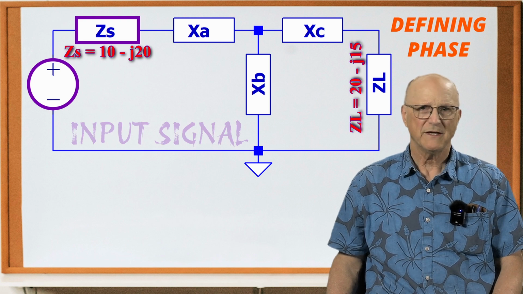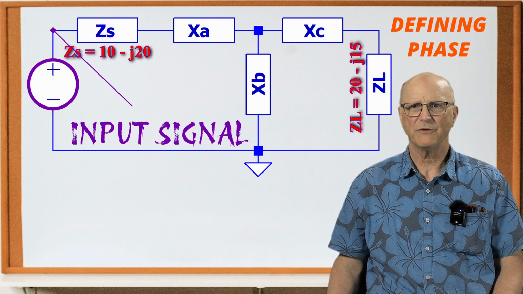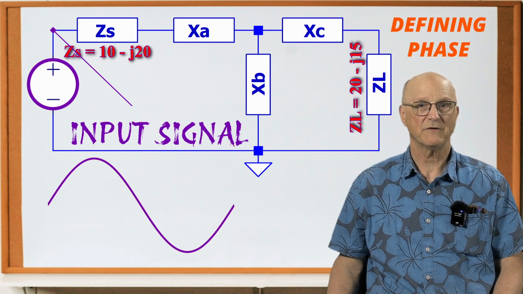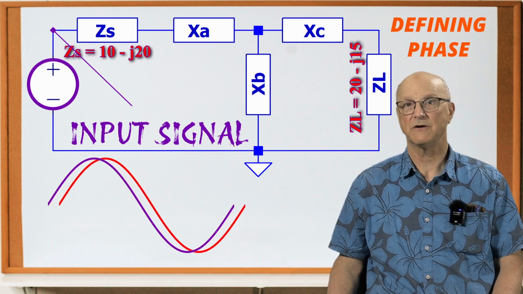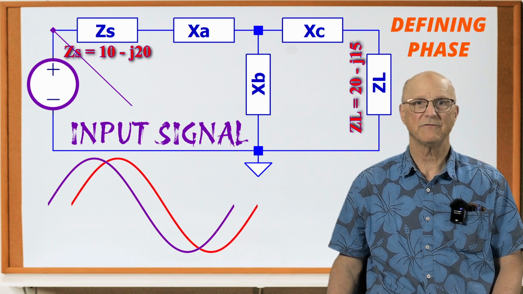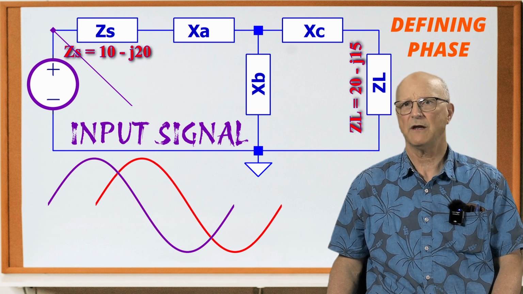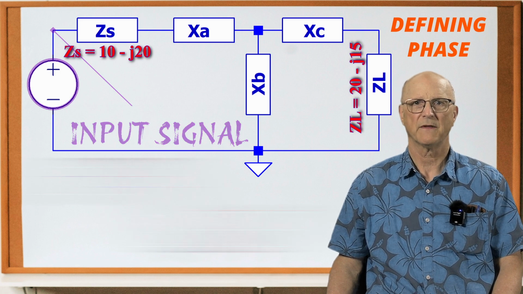The input signal is the output of this perfect voltage source. The phase then includes the phase shift of the output impedance of our source and the effects of the reactances associated with the impedance matching network terminated with the load impedance.